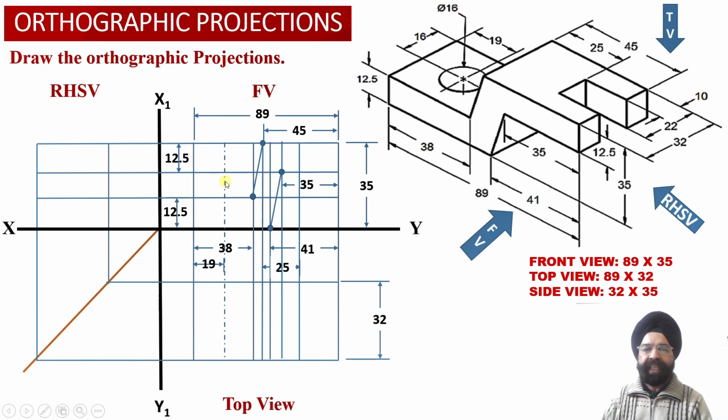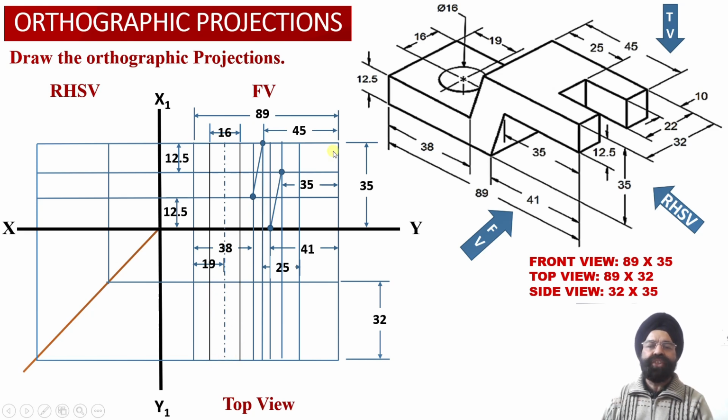So from the center line, we'll take an offset of 8 millimeter on either side: 8 millimeter onto the left side, 8 millimeter onto the right side, and two vertical projector lines we are going to draw into the front view projections, which are separated by the distance 16 millimeter. And these two vertical projector lines we have extended into the top view projections as well.